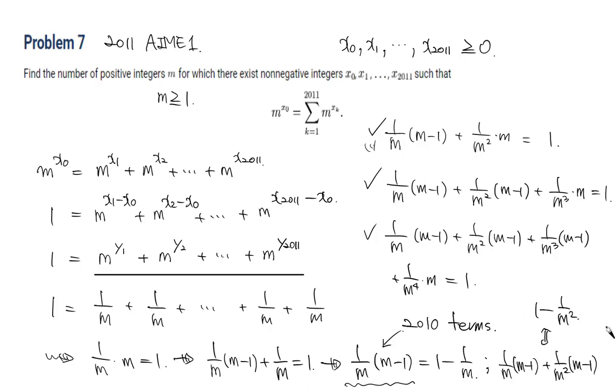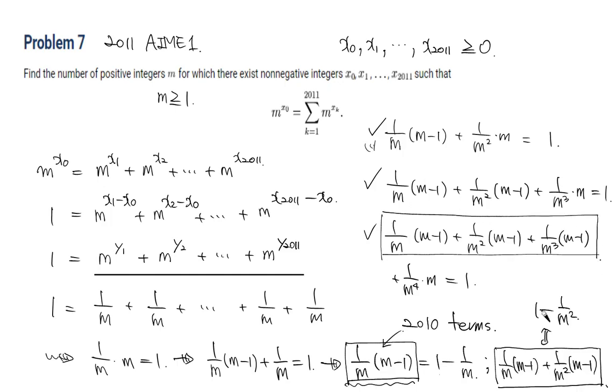Now we have 2010 terms down there as well. We got 2010 terms in that expression. Now what we notice is that m minus 1 is supposed to occur most of the times.